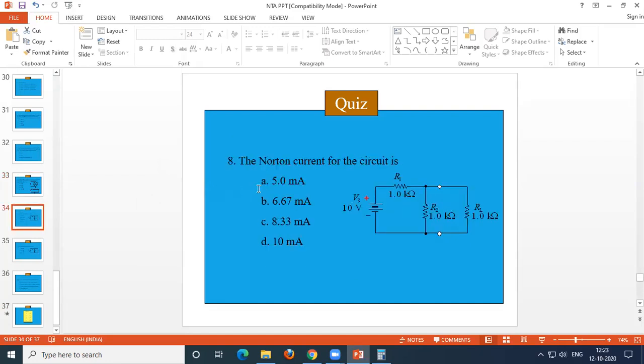Then question number 8, the Norton current for the circuit. Here we are short circuiting that part, that 1 kilo ohm is also short circuited, that is we have removed it.